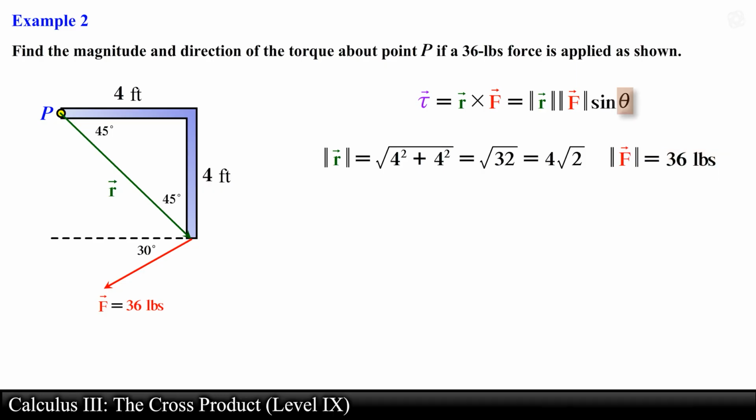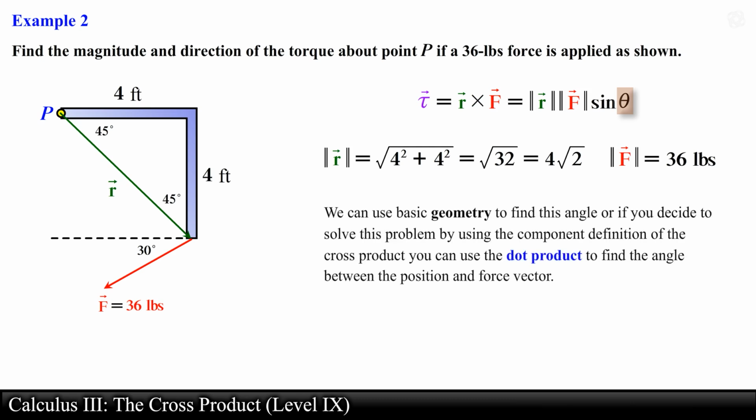All we need now is the angle between the position vector r and the force vector F. We can use basic geometry to find this angle, or if you decide to solve this problem by using the component definition of the cross product, you can use the dot product to find the angle between the position and force vector.